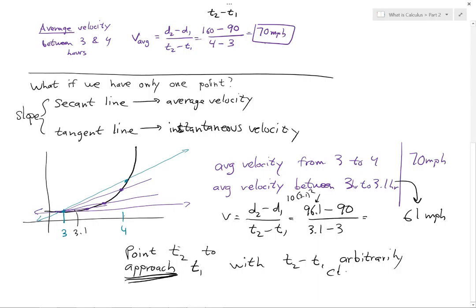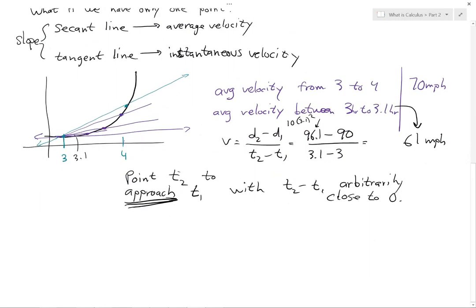What do I mean by arbitrarily? Basically, as I said earlier, we want T2 and T1 to become so close together that there is an infinitely small distance between them. We might find the average velocity from 3 hours to 3 hours and 2 seconds. It's going to be so close that eventually, if we let that become 0, we can overcome the problem of not having two points.